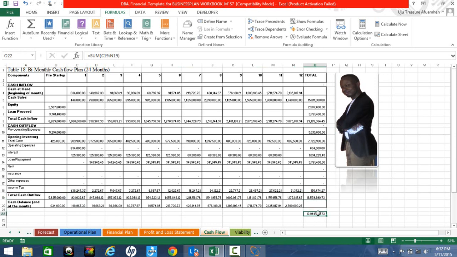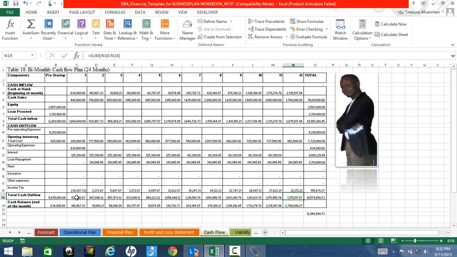Then the value we have at the bottom here is the summation from C19 to N19. So this is C19. Can you see that? Total cash outflow to N19. Did you see that? C19. Remember, this is our pre-startup cash outflow here. But what we're looking at here is, from this point, this is our pre-startup value, the cash outflow.